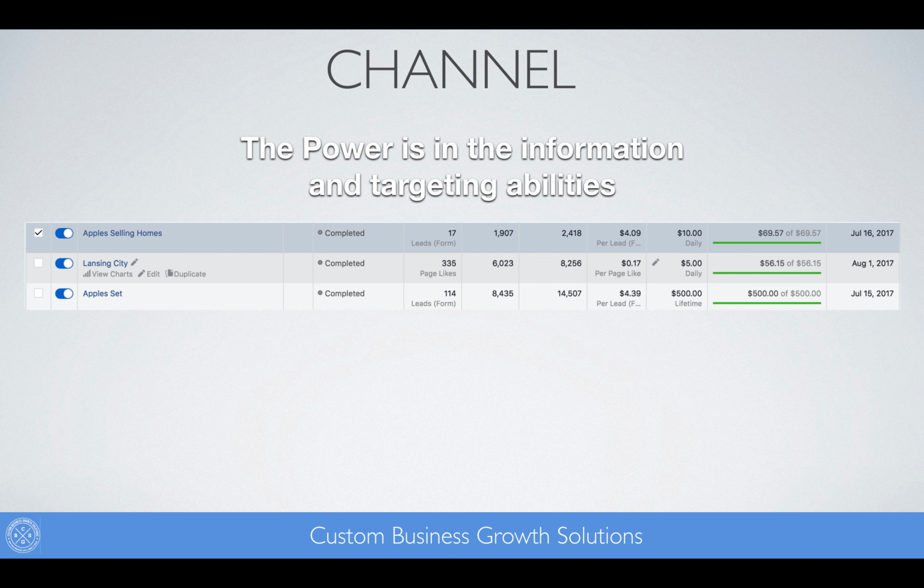I'm just going to give you an example of some ads that I've done for some realtors and a Lansing City page. You can see the cost per result is really cheap. We're going to look at this Apple Selling Homes. This is a realtor out in California. We spent $70 and we got 17 leads for that $70.